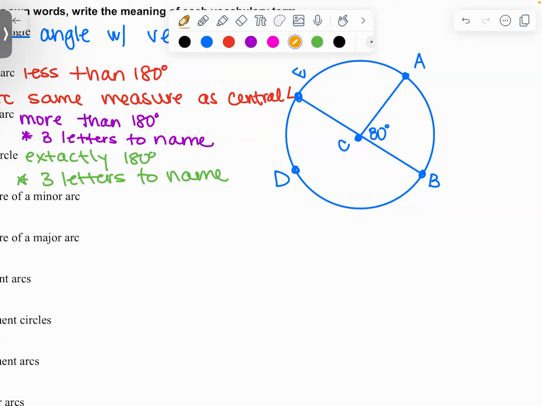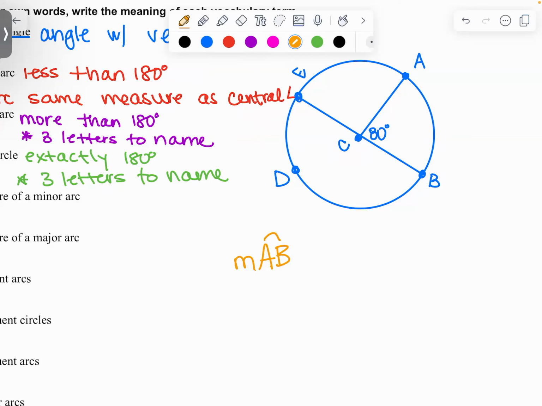All right. If I say the measure of arc AB, how do I know that I'm talking about an arc? There's only two letters that I'm naming my arc, so that means it's what kind of arc? Minor. So how many degrees is arc AB?